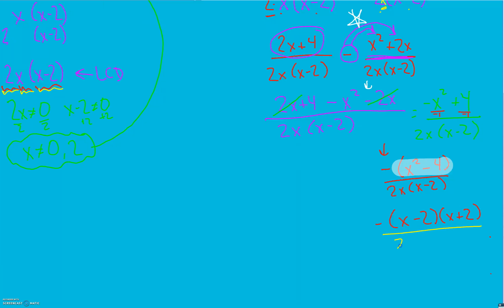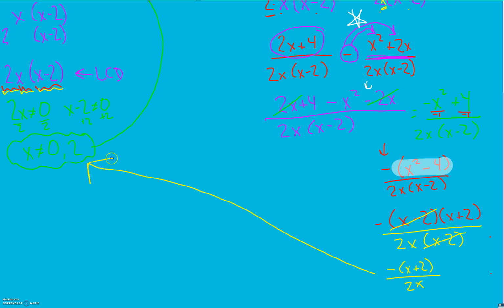That's over my LCD. Now, anything divided by itself is 1. So right now, I'm going to be left with negative x plus 2 over 2x, as long as x is not equal to 0 or 2.